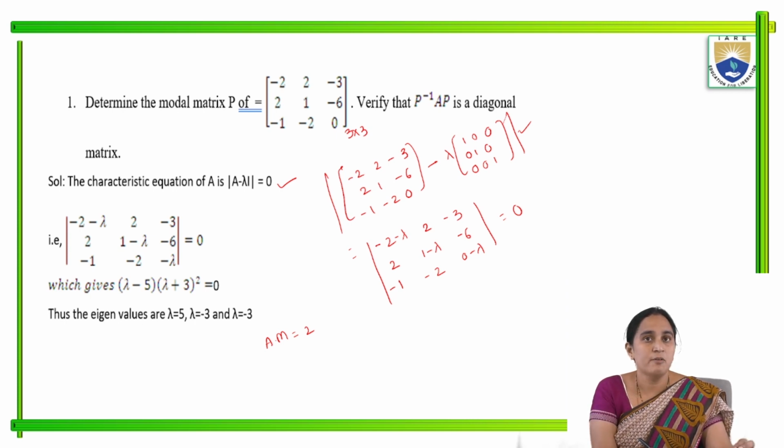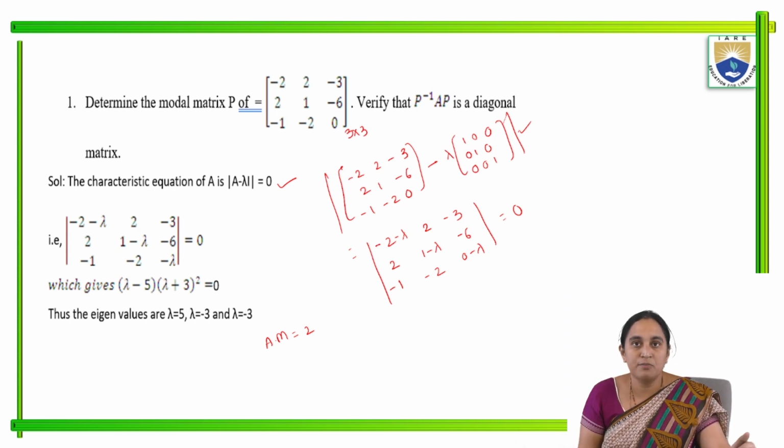For the distinct eigenvalue, there is no need to verify algebraic and geometric multiplicity. But for the similar eigenvalue, the algebraic multiplicity is 2. Now I am finding the eigenvectors for the three eigenvalues, and after that the geometric multiplicity. If the two are equal, the given matrix is diagonalizable.